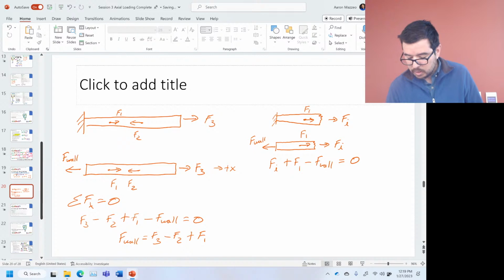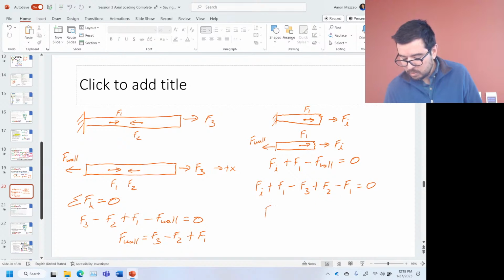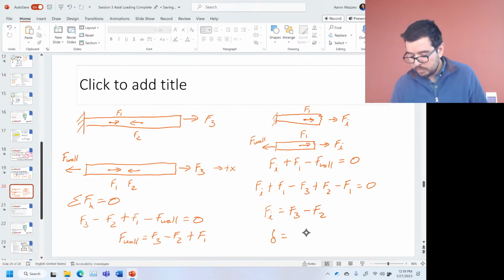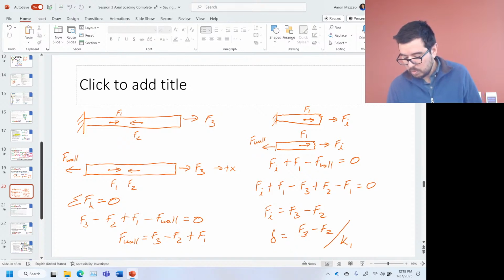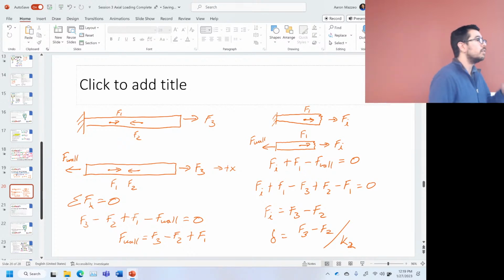We plug in what we have here, Fi plus F1, and F1 and F1 knock out. Fi once again is equal to F3 minus F2, and the delta is once again going to be F3 minus F2 over K2. Any questions on that?